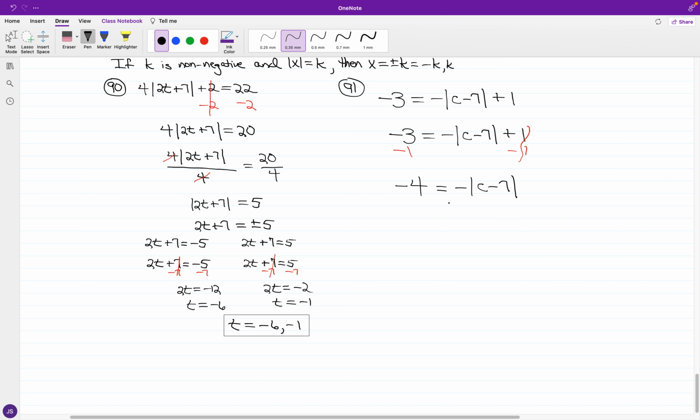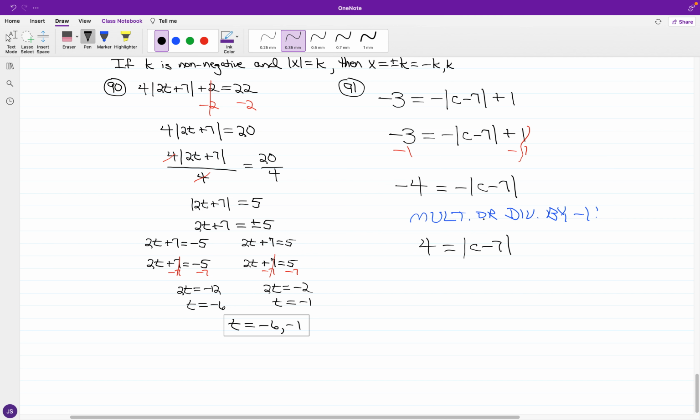And we have negative 4 is equal to the negative of the absolute value of c minus 7. For what I have next, I can either multiply or divide the equation by negative 1. So we got that positive 4 is equal to the positive absolute value of c minus 7.